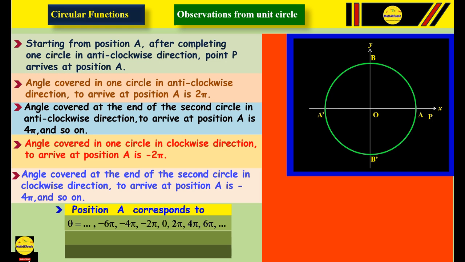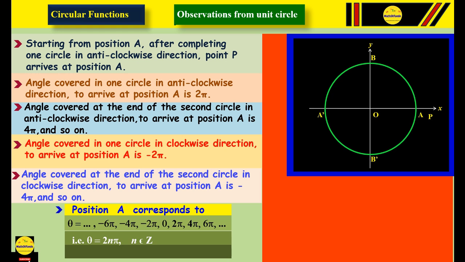Now, can I write this entire list in a more concise form? In language, I am saying it is an even multiple of pi. Mathematically, how do we write it? We write it as 2n pi. Why do we write it as 2n pi? If some of you do not know how to write this, here is the explanation. n is an integer. When you multiply 2 to it, it becomes an even integer. So 2n is an even integer.